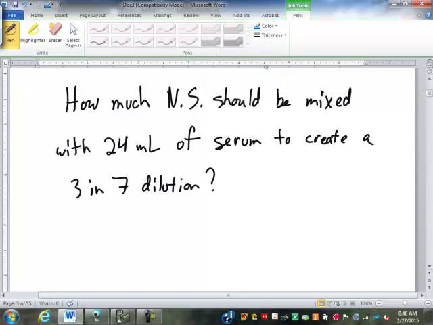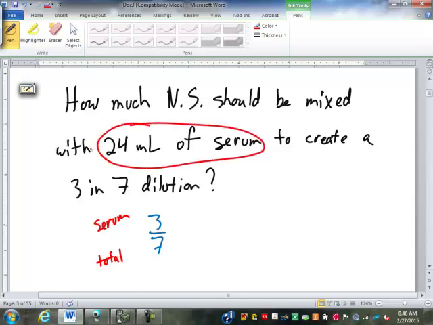So we'll start out with the dilution again, 3-in-7. The 3 represents serum and the 7 total solution. Do we have either of those numbers? Yeah, we have the 24 milliliters of serum.